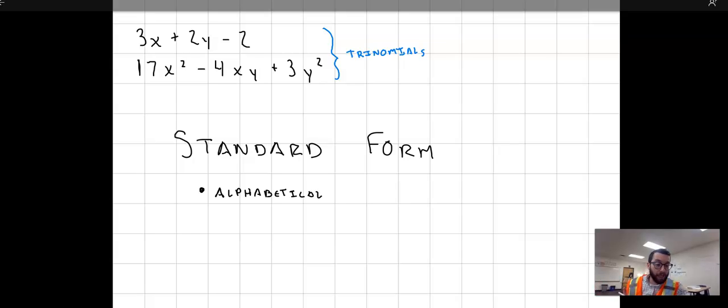X comes before Y, so X would come first. You also have, based on your exponent, the exponents go in descending order. Descending would mean from biggest to smallest, they get smaller.